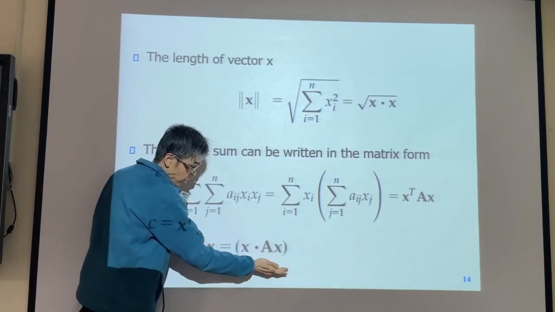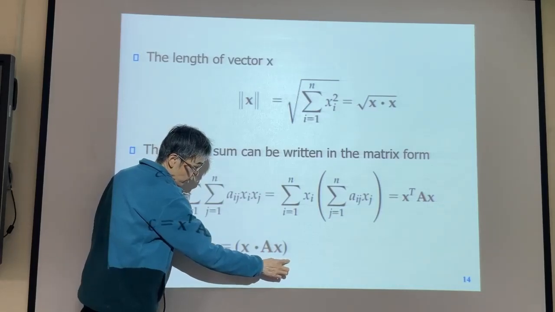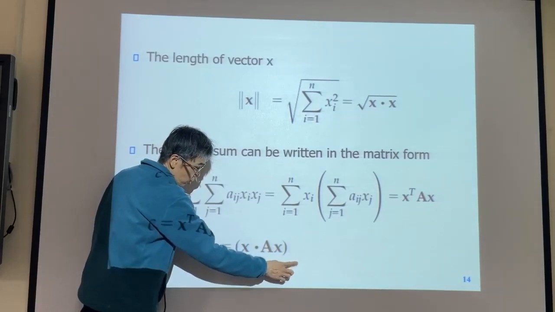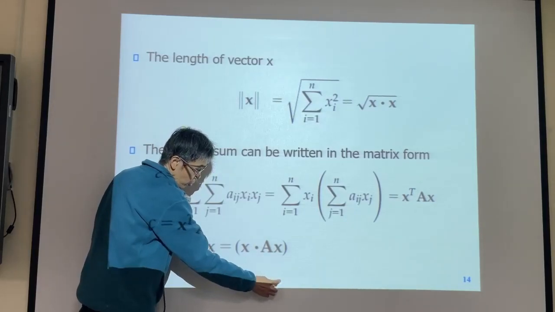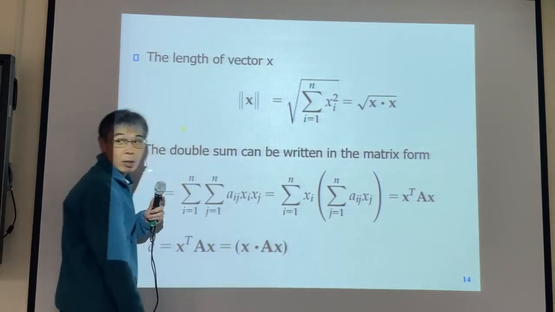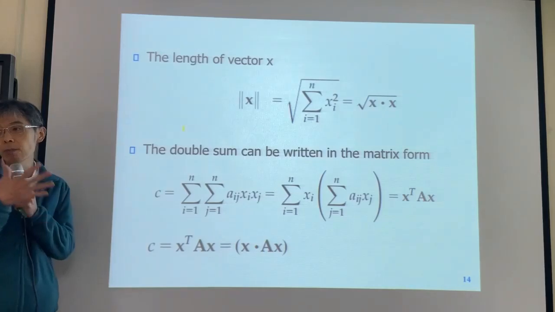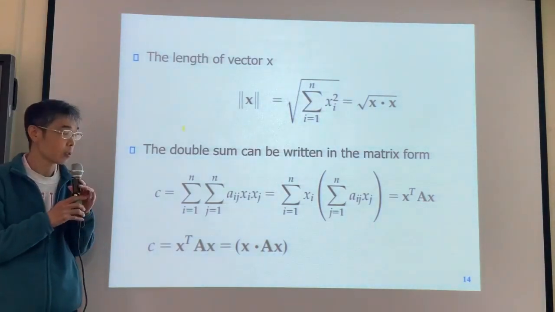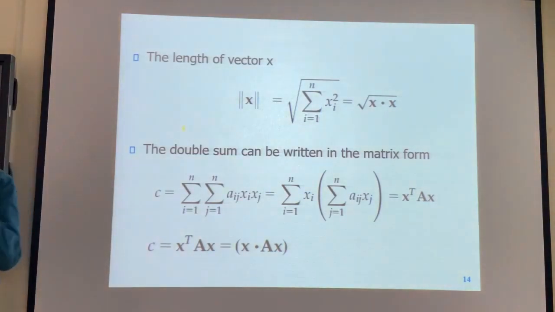Then the second element, a21 x1 plus a22 x2 plus a23 x3. And the third element, a31 x1 plus a32 x2 plus a33 x3. So we have different mathematical forms to say the same thing. Okay.